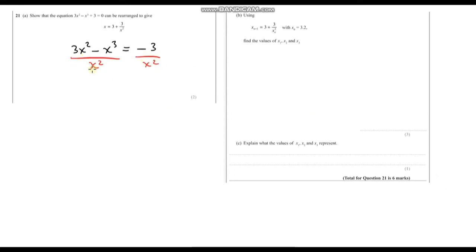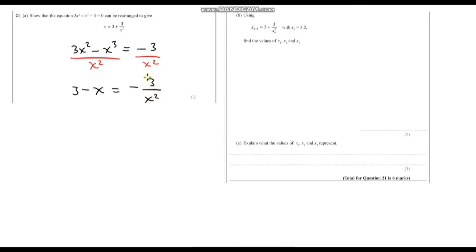Well, 3x squared divided by x squared is just 3. And then it's going to be minus x, because x cubed divided by x squared is just x. And that equals -3 over x squared. And it looks like we've got something similar, but we've got plus 3 over x squared instead of minus 3 over x squared. So if I put this on the other side, it will turn into a plus.